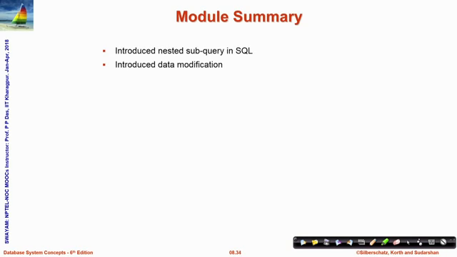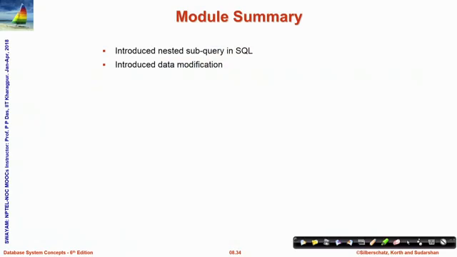So, to summarize, we have introduced a very powerful feature in SQL query known as a nested subquery, where we can write a select from where expression as a part of the where predicate, or as a relation in the from clause, or as one or more collection of attributes in the select clause, and it can be used in several other places also.